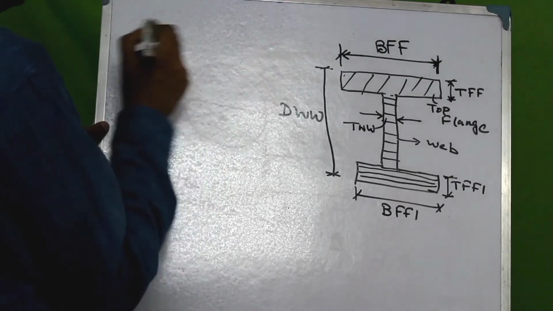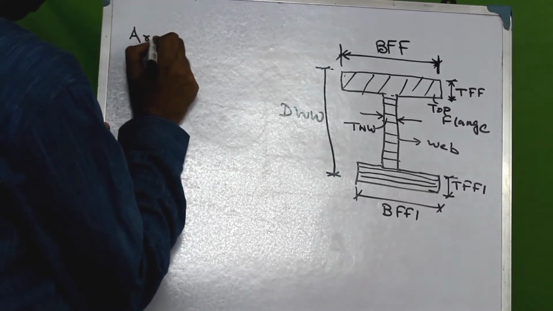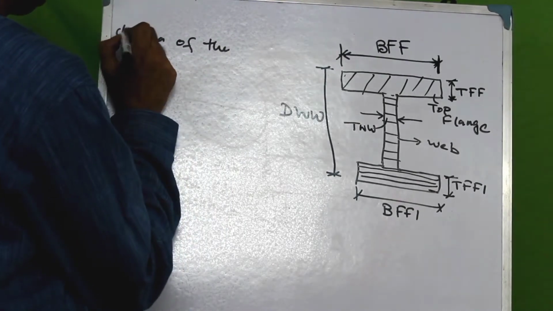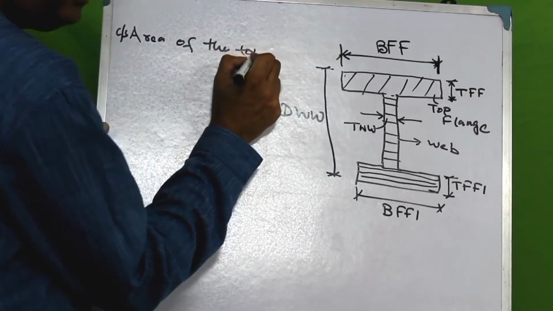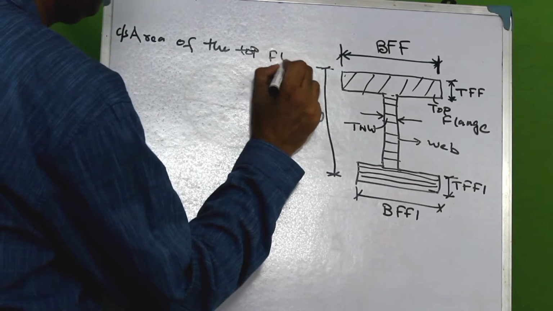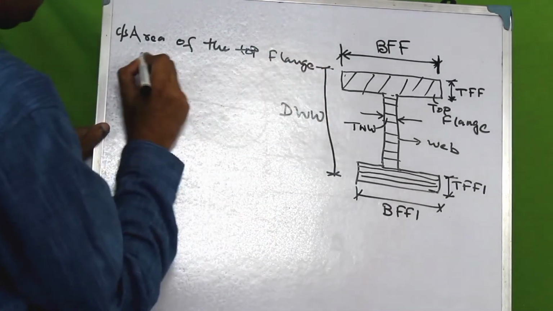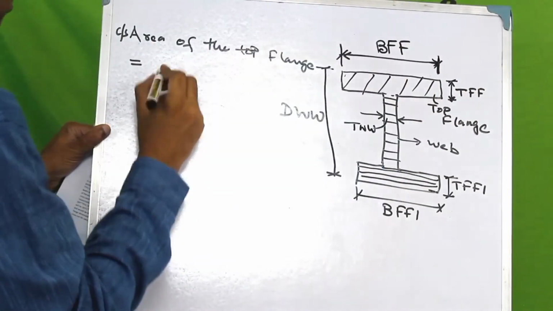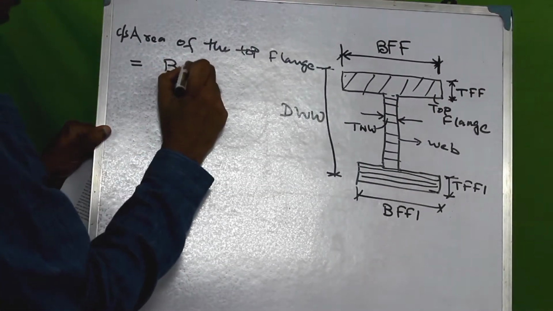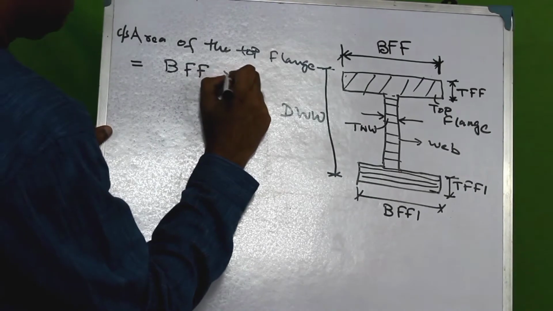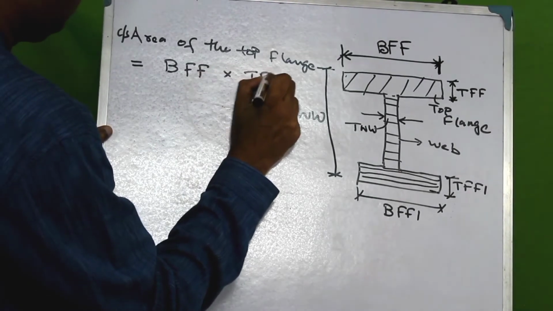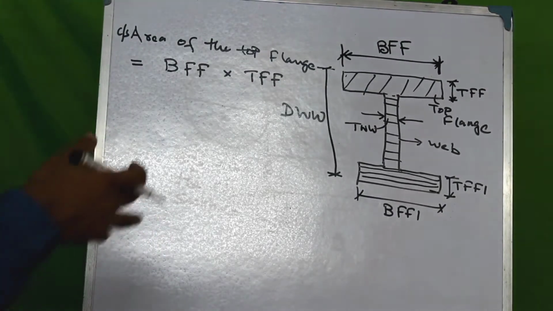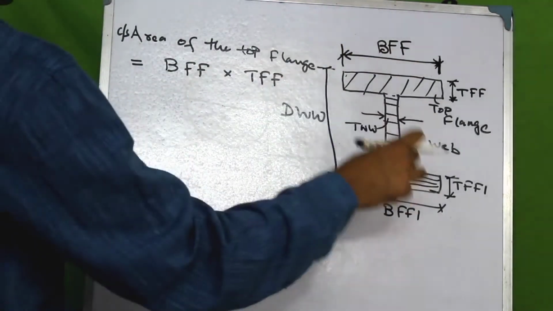So the cross-sectional area of the top flange would be equal to the width into the depth. So it would be BFF into TFF.